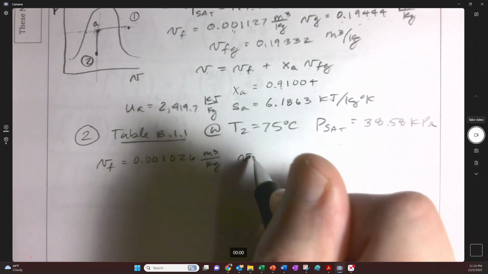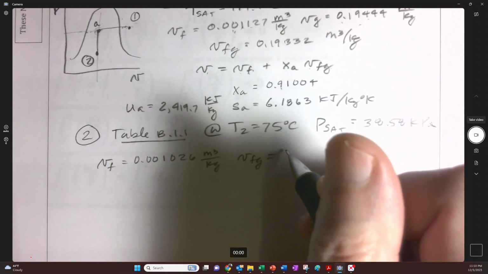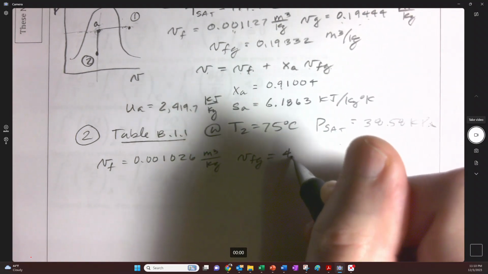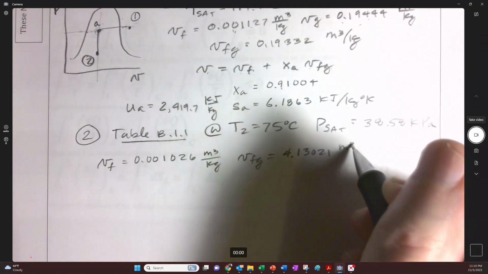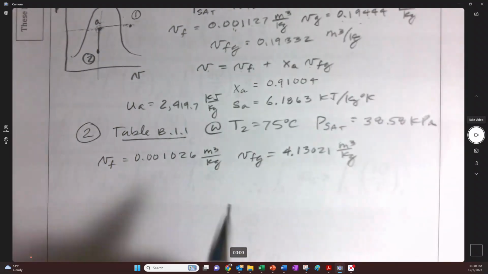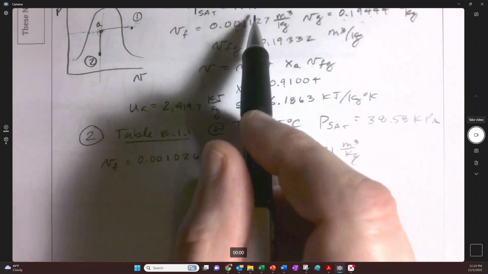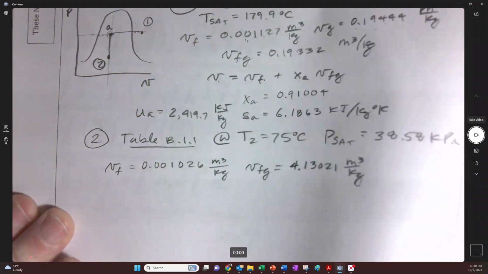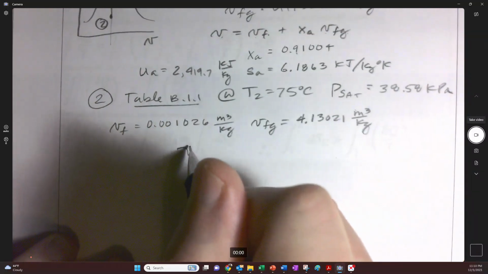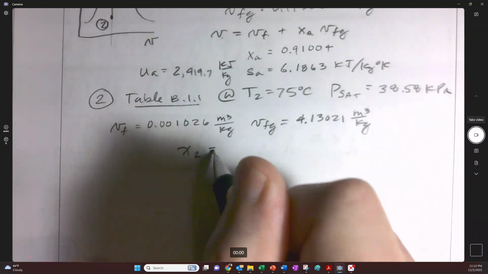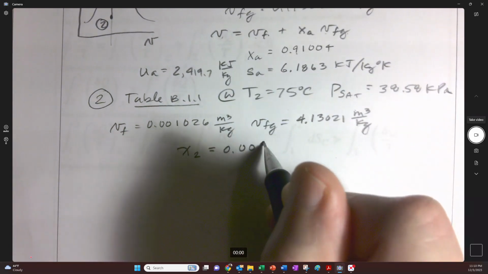And here's VFG, because I don't have to write VG, but we know if it's below VFG, it's also definitely below VG, 4.13021 cubic meters per kilogram. And what we can find from that, setting it equal to this volume right here, is that X2 is very small, but still in the mix.